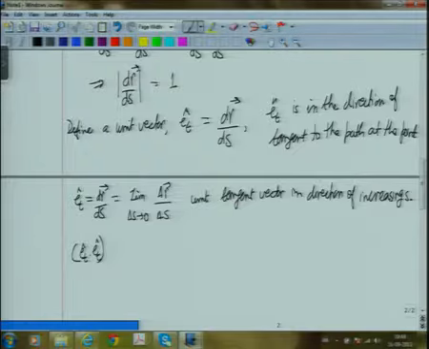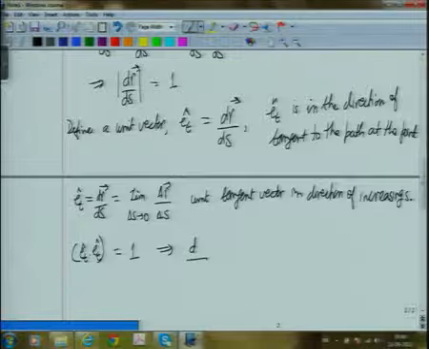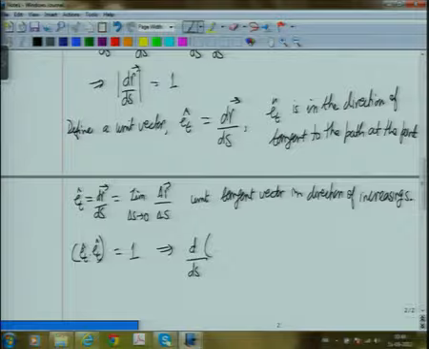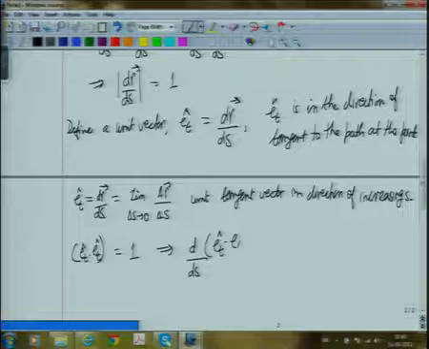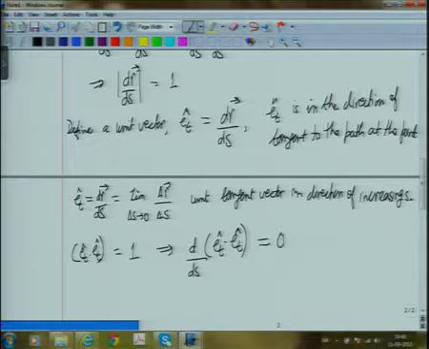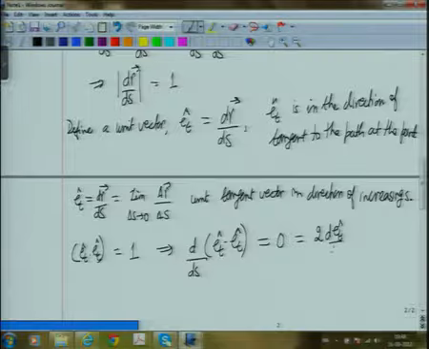So Et dotted with Et is always 1. If I look at d by ds of Et dotted with Et, this will be 0, and this is nothing but 2 times det by ds dotted with Et.